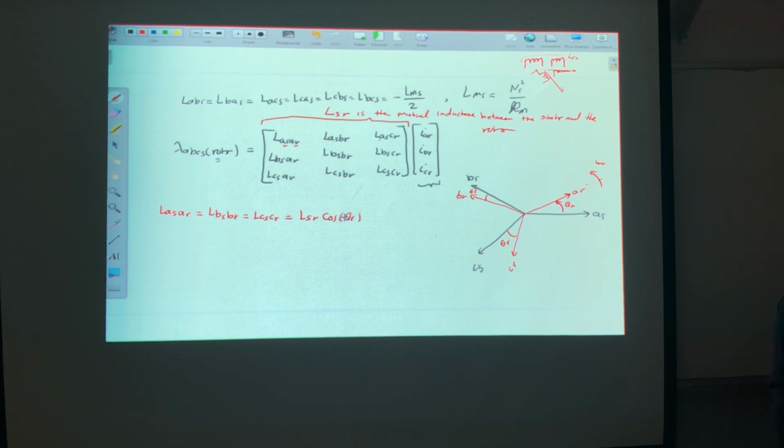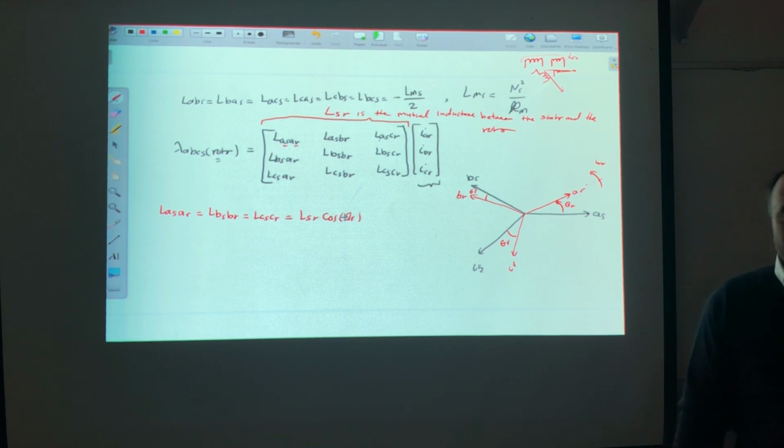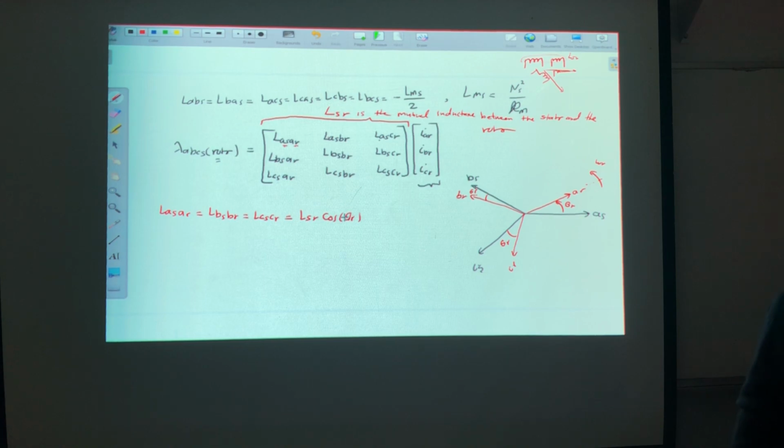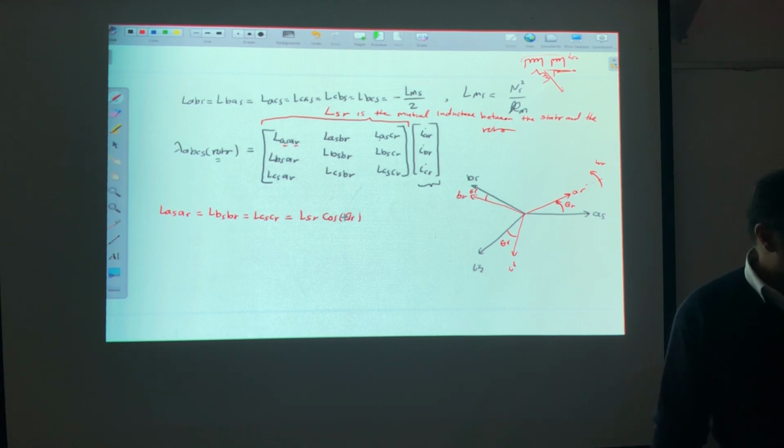No. Later on, we will discover that the developed torque has a relation with the field energy. So in the DC machine, for example, in the steady state analysis, we give you that the torque is proportional to the flux and I_F. But why?